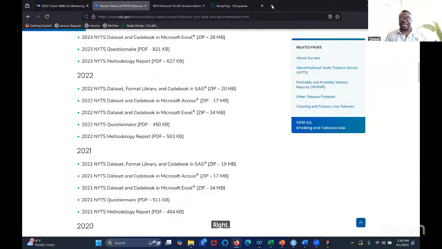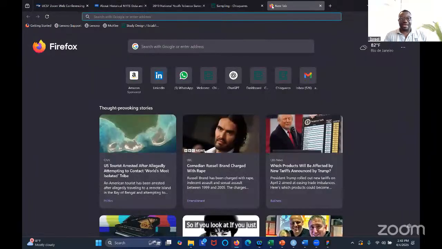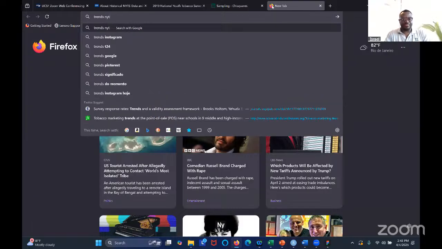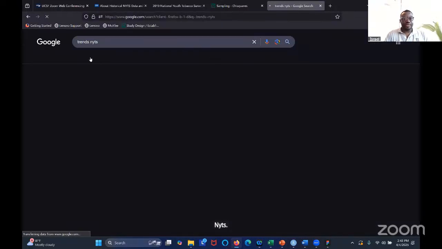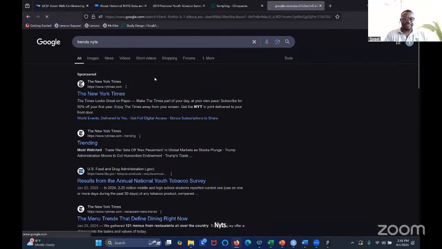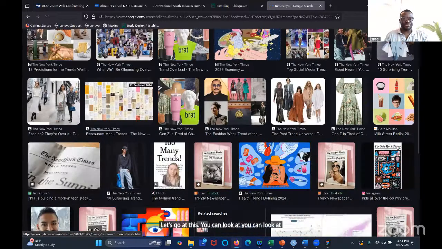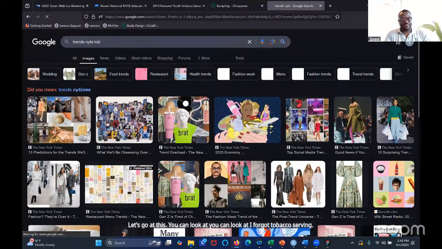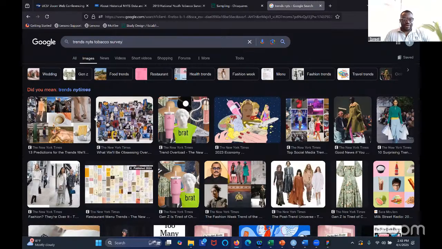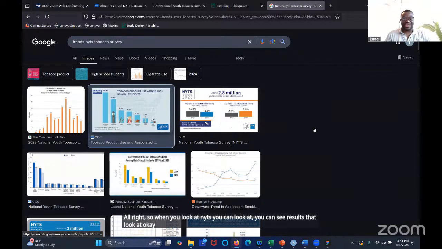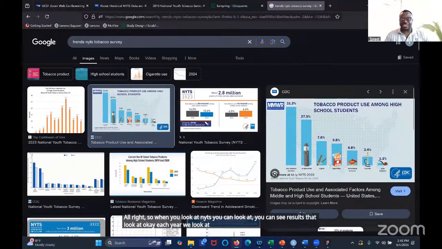So if you just Google trends, NYTS, let's look at tobacco. When you look at NYTS, you can see results for each year and each sample.